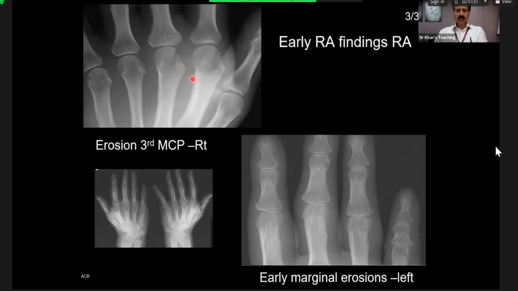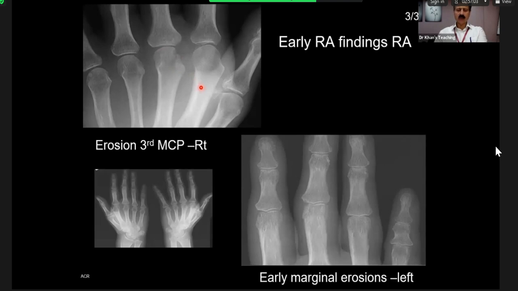The point is that in this particular case, if you just concentrate on this joint, this is the metacarpophalangeal joint. And see the joint space here, you will agree that the joint space is slightly reduced. And with that, you can see a marginal erosion.